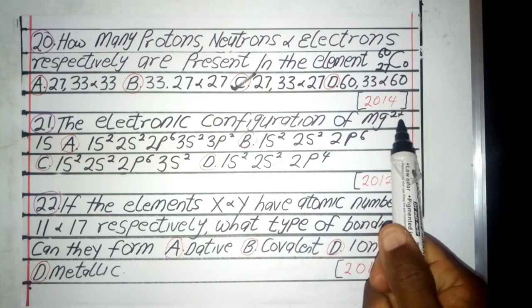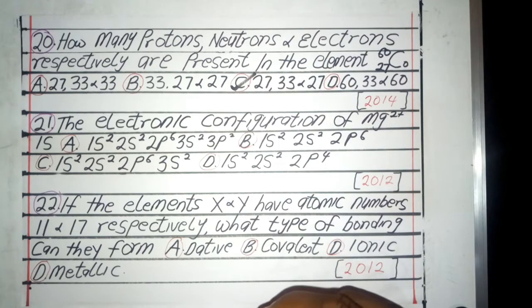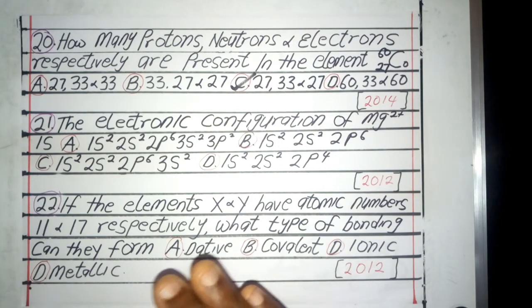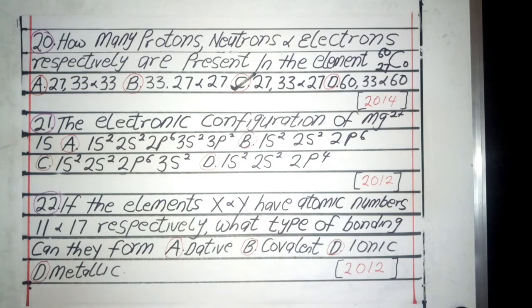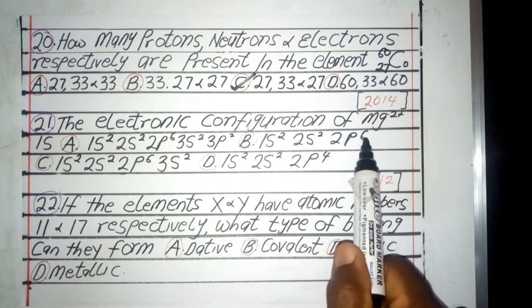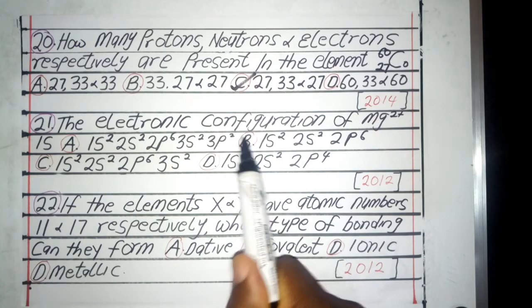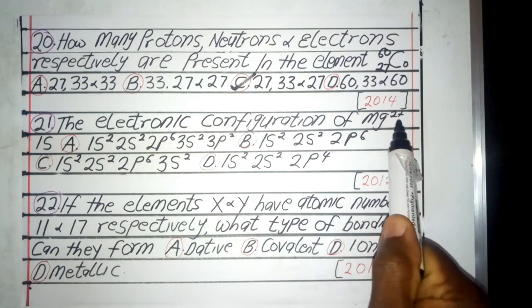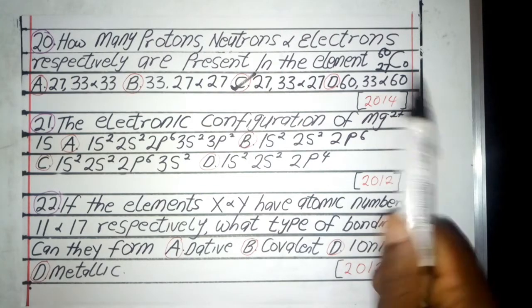Since this is an ion, it has lost 2 electrons, so we subtract 2 from 12, giving us 10 electrons. So we look for the one that has 10 electrons. Look at this one: 6, 7, 8, 9, 10. So the answer is B, because it's a magnesium ion and it has lost 2 electrons.